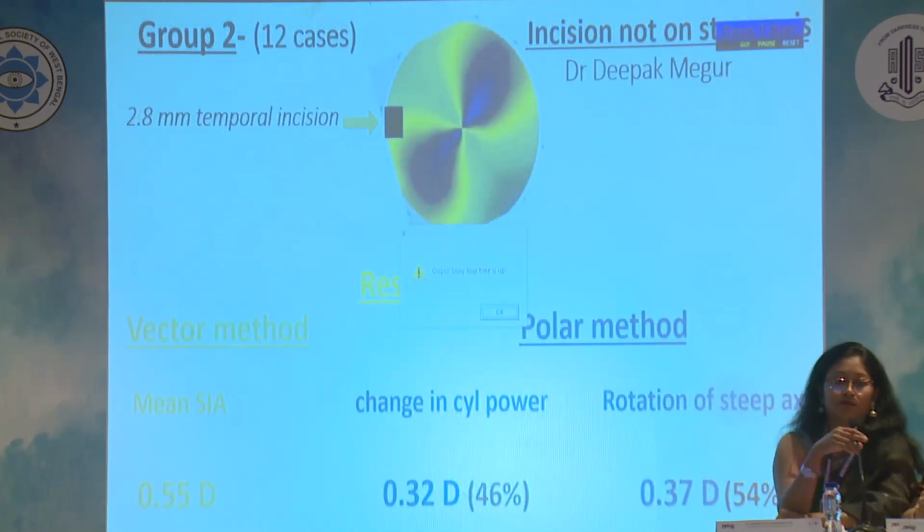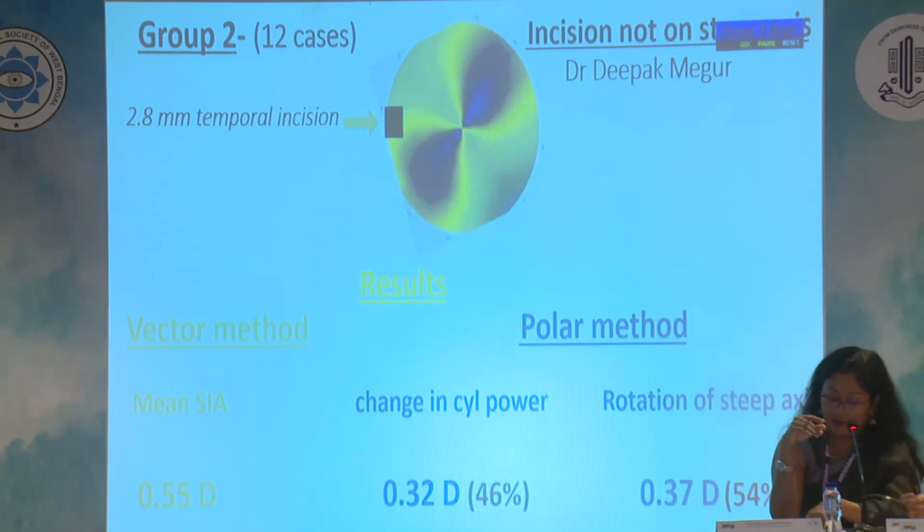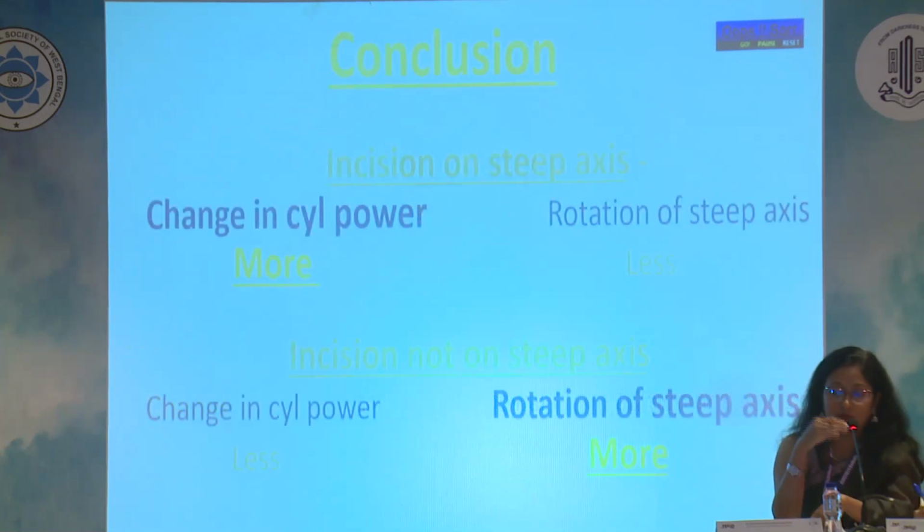While in group 2, the change in cylindrical power is only 46%, and the rotation of the steep axis is 54%. So when our incision is not on the steep axis, the rotation of the steep axis is more than the change in the cylindrical power.